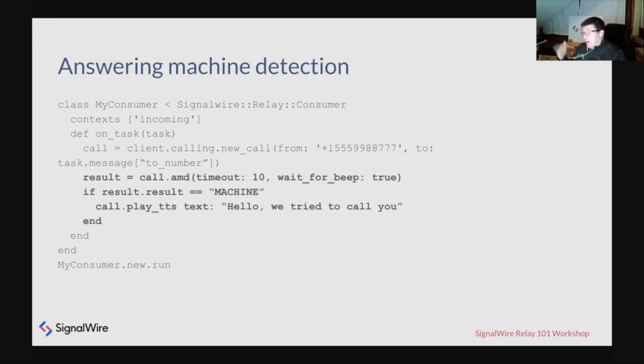And there are others that are important. We also use other technologies that are incorporated in the Relay AMD system, so that will give you a very good result. So what we see here is when I call the number, I will set myself a maximum of 10 seconds to decide if it's a human or a machine, if I cannot determine it earlier.